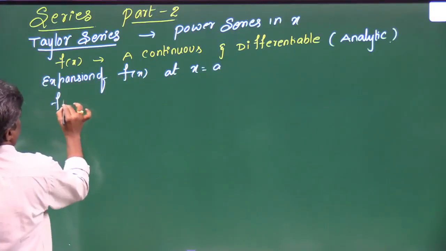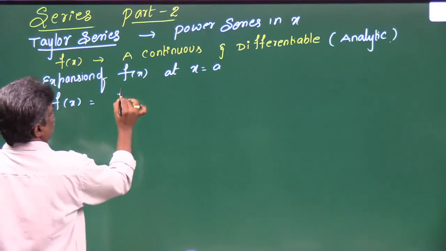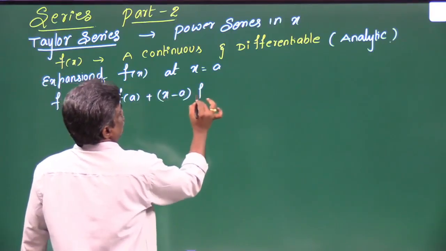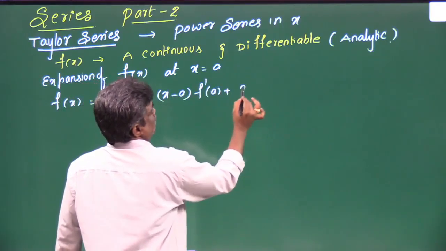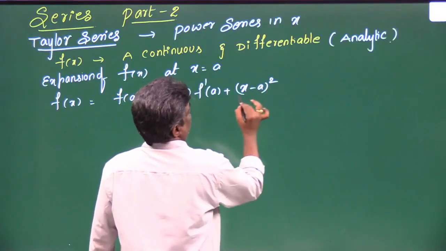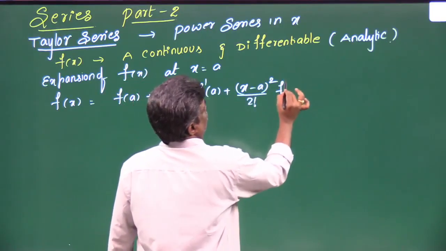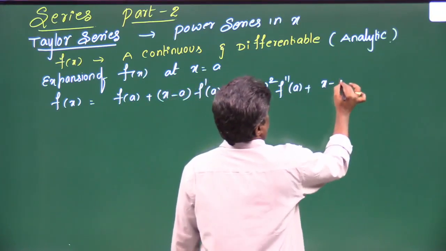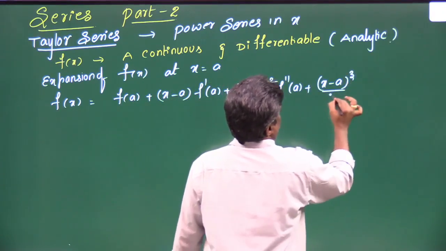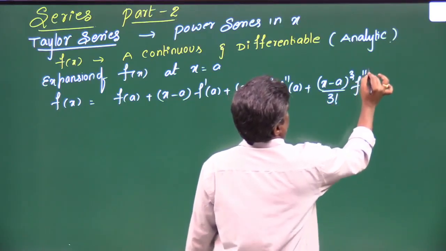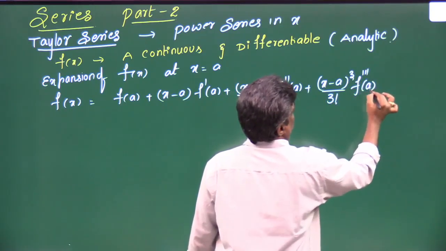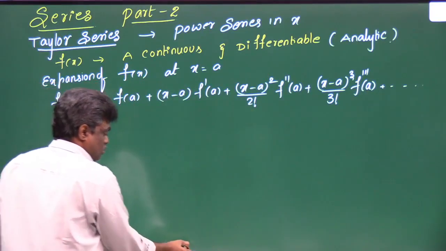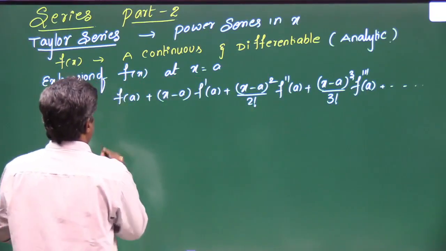So this expansion is given by f of x equal to f of a plus x minus a into f dash of a plus x minus a whole square by 2 factorial into f double dash of a, I mean second derivative, and plus x minus a whole cube by 3 factorial into third derivative of f at a, like this.